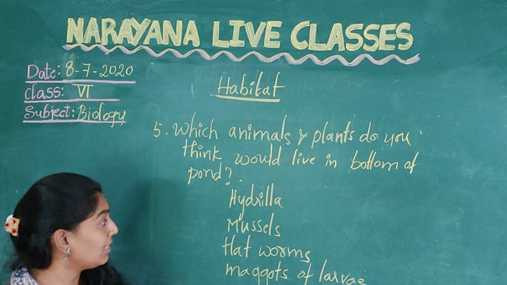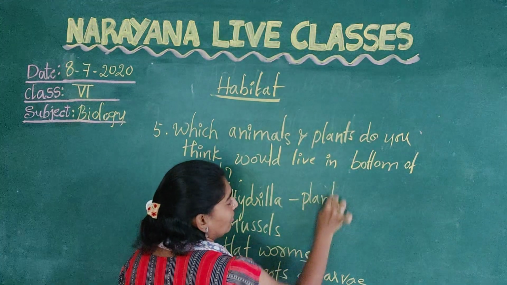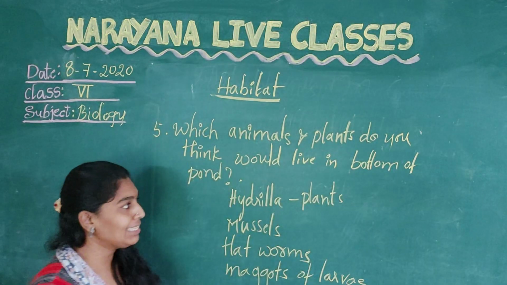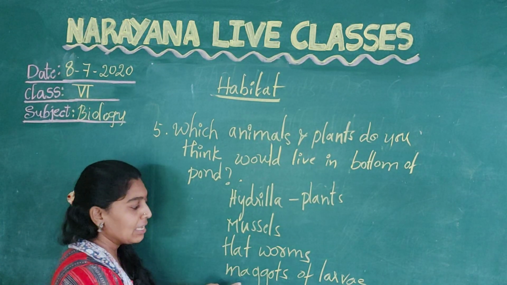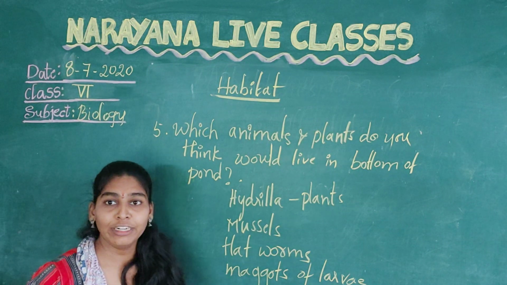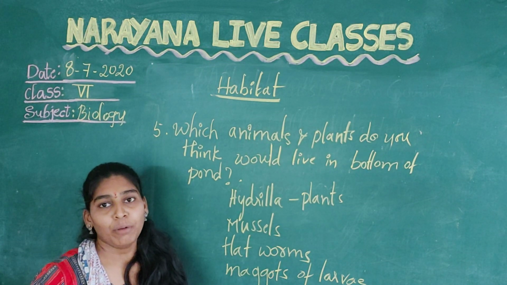As we can see, hydrilla, which is a plant, is at the bottom of the pond, and the mussels, flatworms, and maggots of larvae of different insects can be seen at the bottom of the pond region.